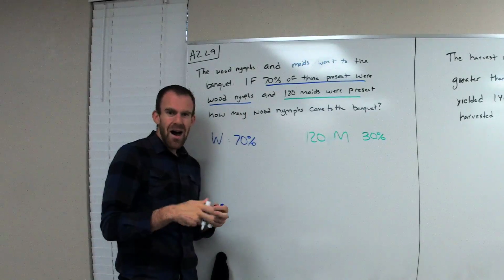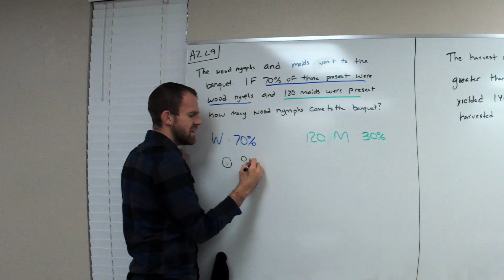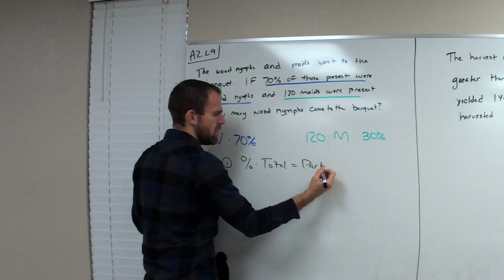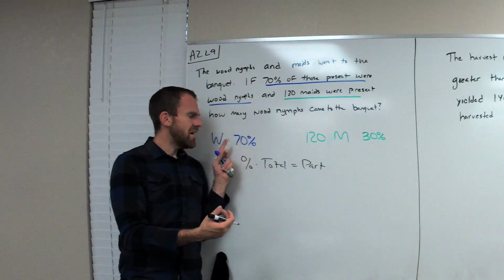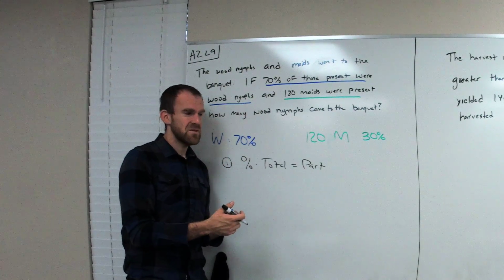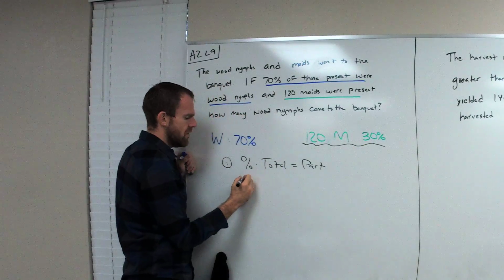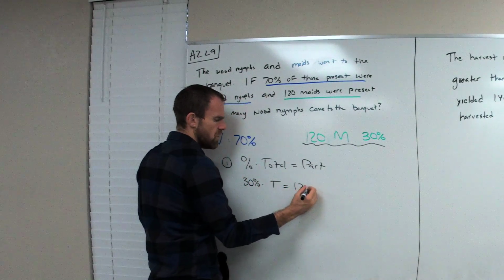So I think this way is a little bit more challenging, but you can use percent times total equals the part. We can find the total number of people who attended the banquet and then find out how many of those were wood nymphs. Let's try it. So using all of this information, I'm going to plug it in. 30% of the total is 120.